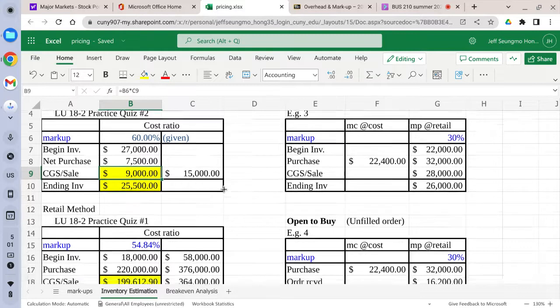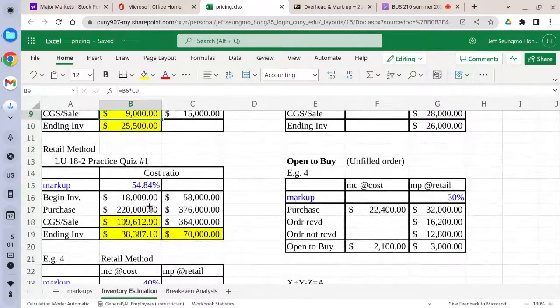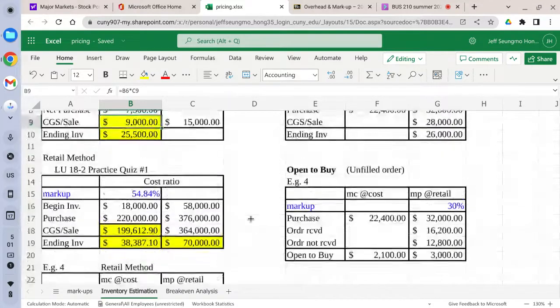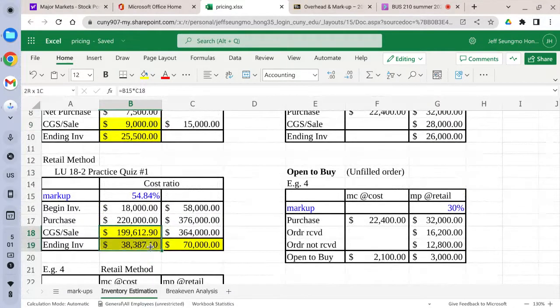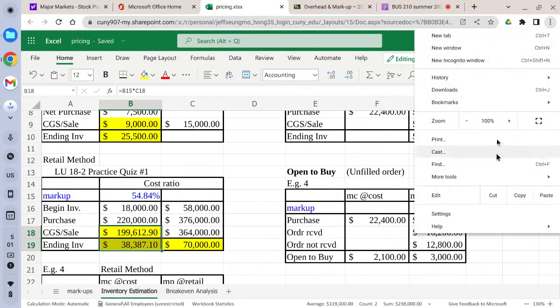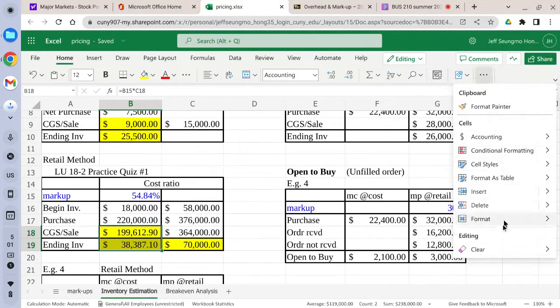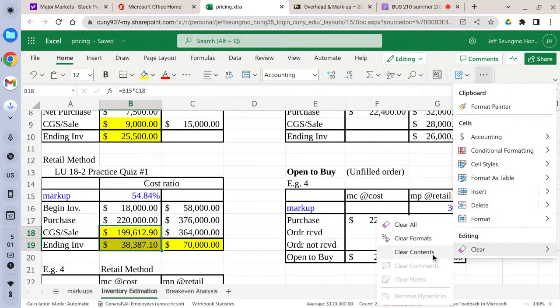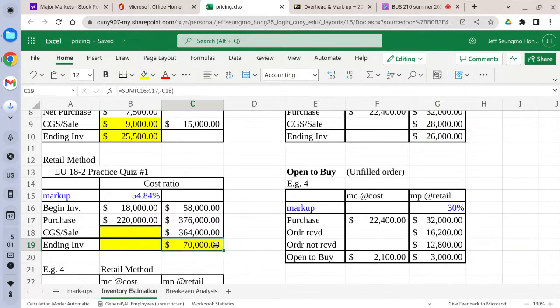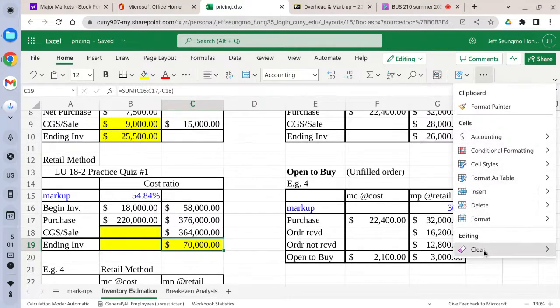The next, cost ratio, in this example, cost ratio is given. Are you guys doing this with me? Yes. Okay, good. Because if you're not doing this at this time, then there won't be another time. So you need to make the most of it.